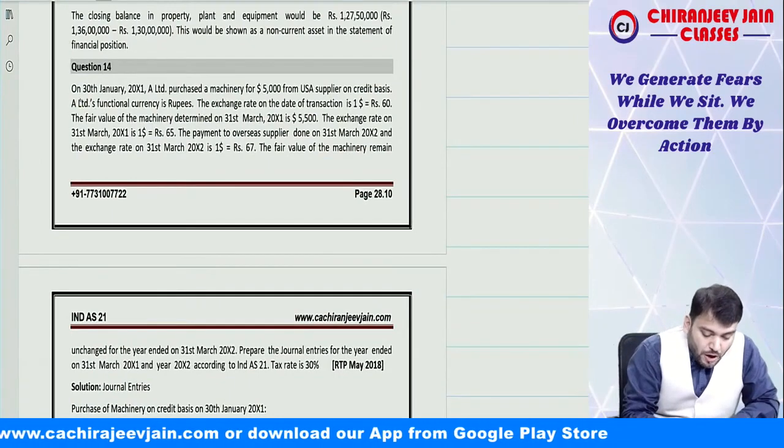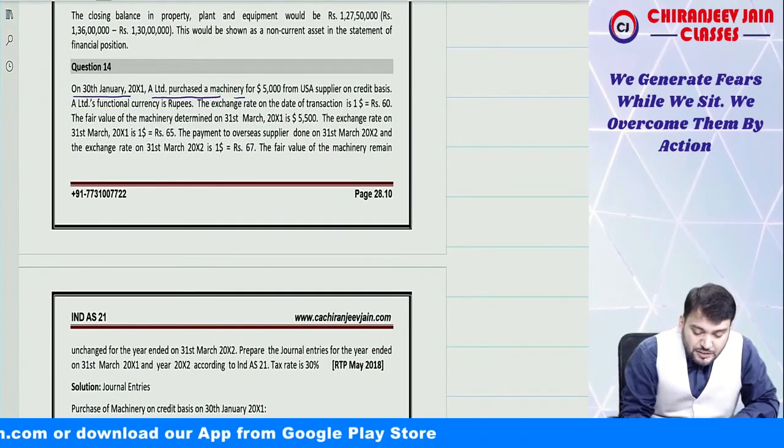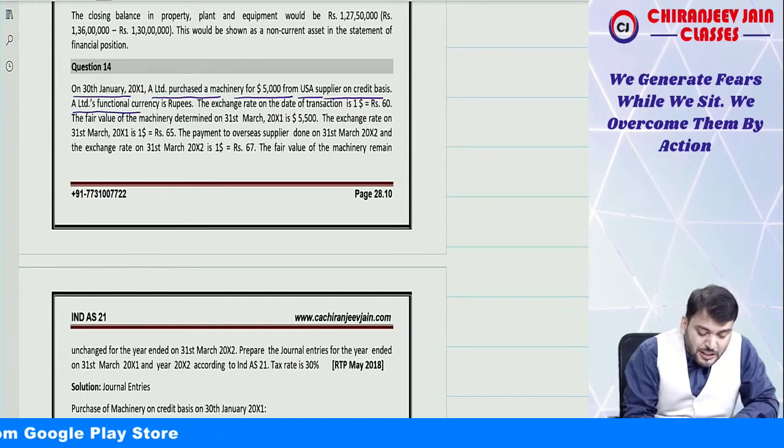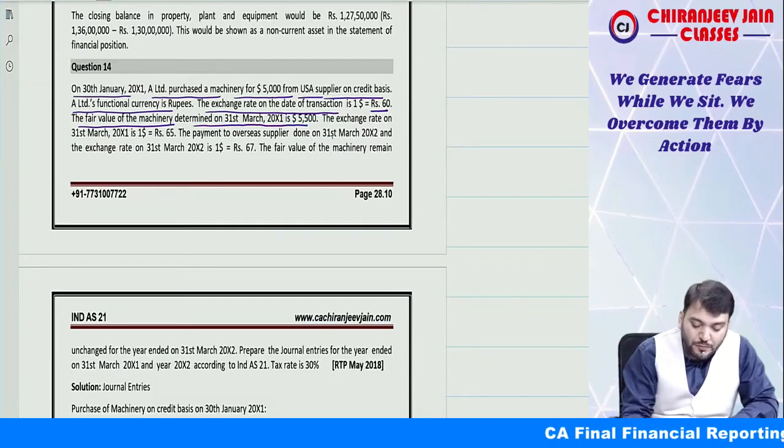Let's see. On 30th January 2001, A Limited purchased machinery for $5,000 from a USA supplier on credit basis. A Limited's functional currency is rupees. The exchange rate on the date of transaction was rupees 60. The fair value of machinery determined on 31st March 2001 is 5,500.